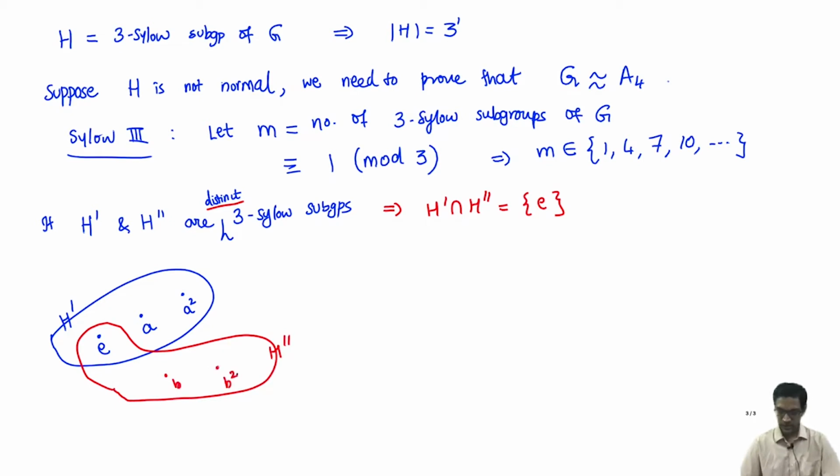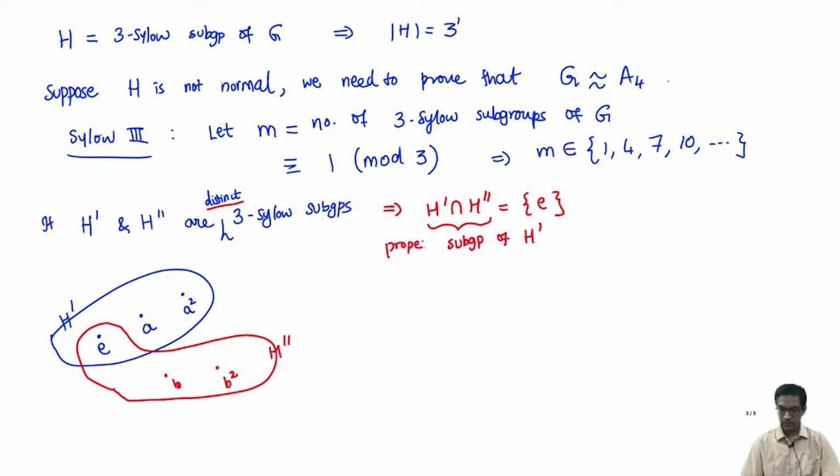Why is this? Because their intersection is after all another subgroup of both H prime and H double prime, and it's got to be a proper subgroup because H prime and H double prime are two distinct sets.